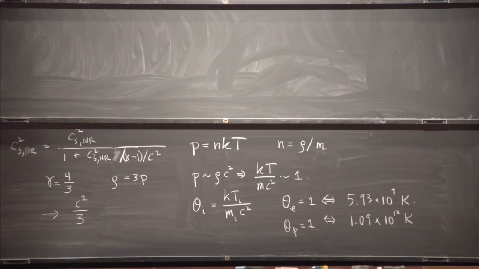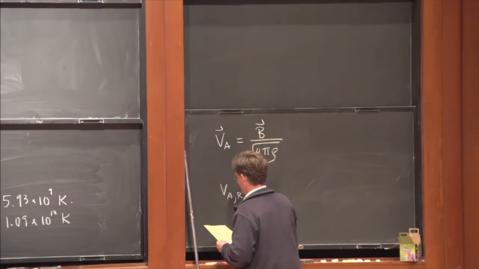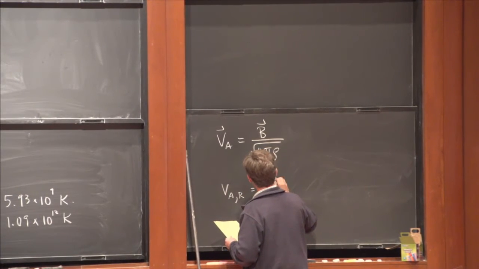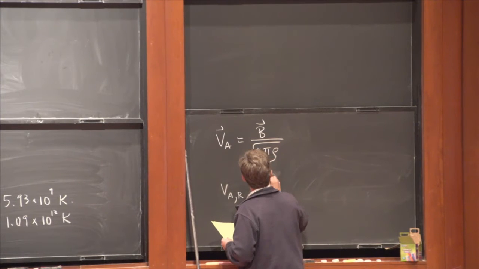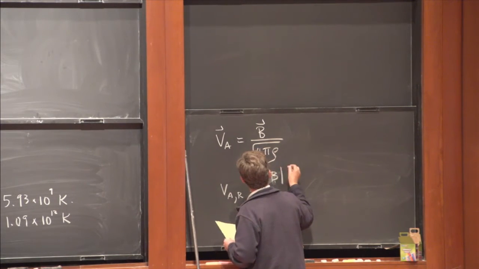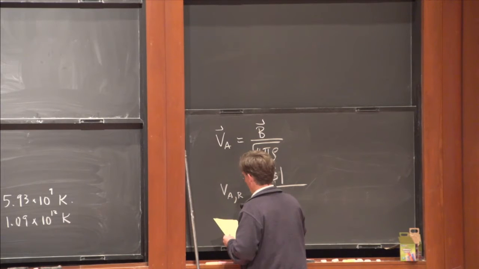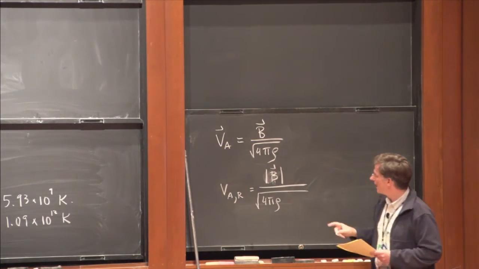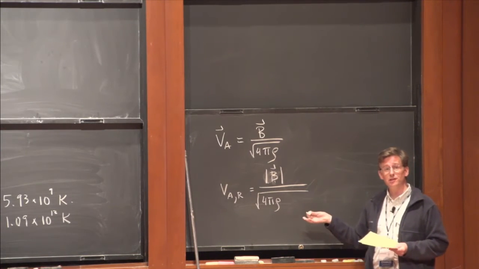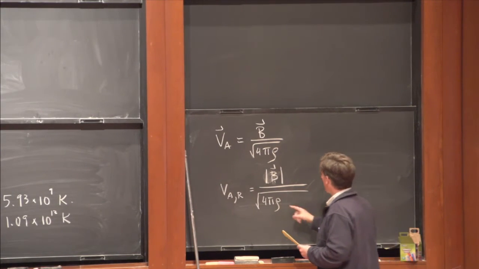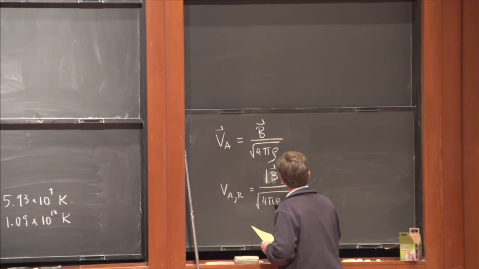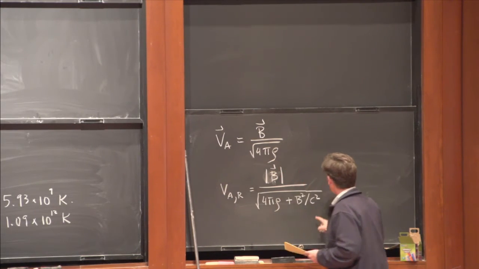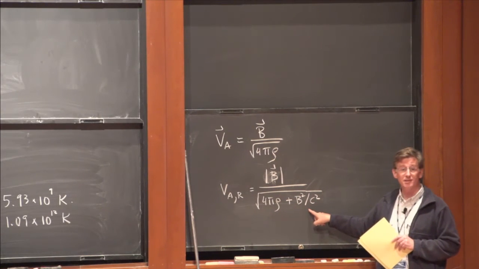And you're saved, as you can sort of guess, in the relativistic case by replacing density in the denominator, which represents the inertia of the plasma, by density plus something that accounts for the inertia of the magnetic field itself.